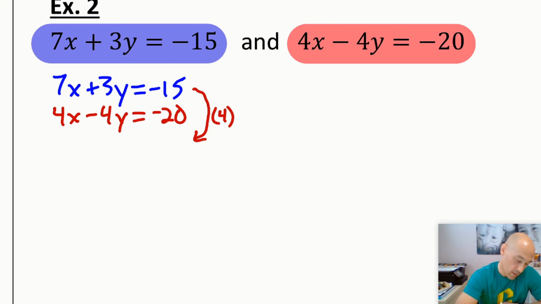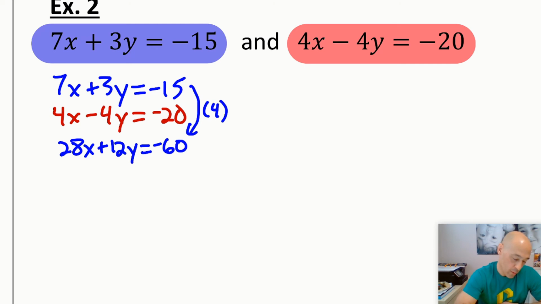I'm going to multiply it by positive 4. So I get 28x plus 12y equals negative 60. I multiplied each part of this equation by 4. Now, to figure out what to multiply this equation by, I look right there.